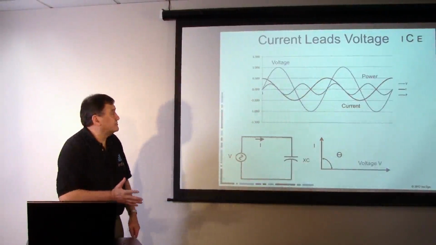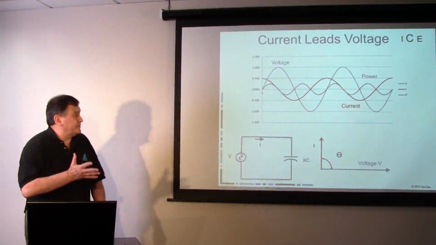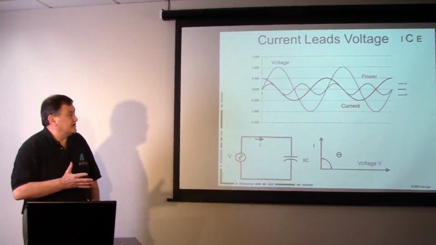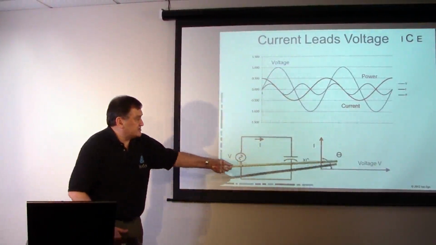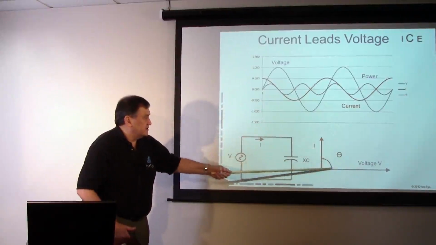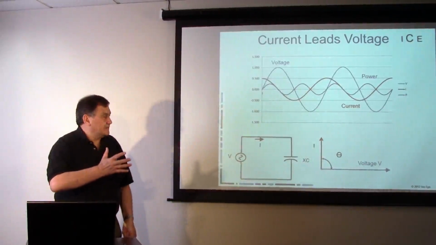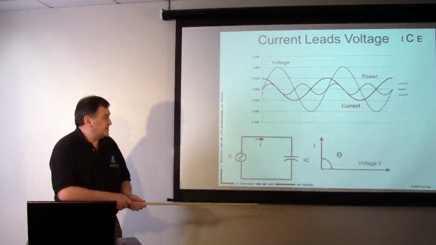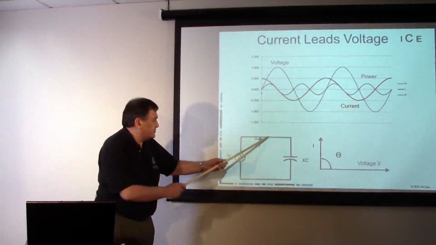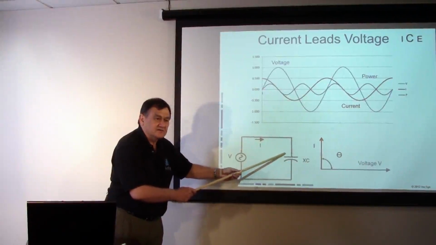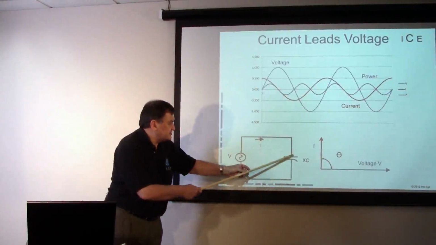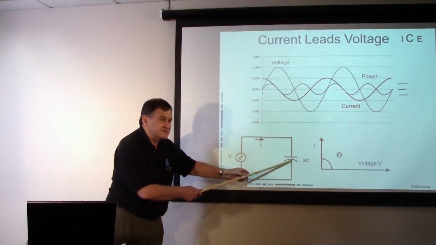But what's really good is that if we look at a capacitor, then in that particular case, the current actually leads the voltage. Remember where I said the current leads the voltage because I've got to have a finite current in this direction which builds up all the electrons on one plate and gives me an excess of electrons here versus a deficiency here.